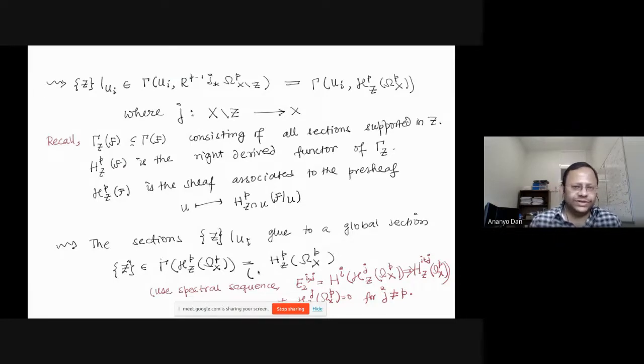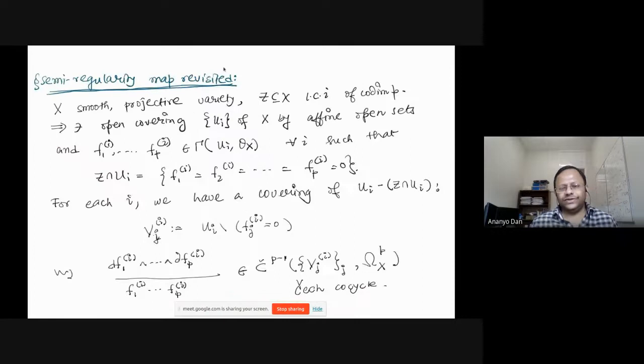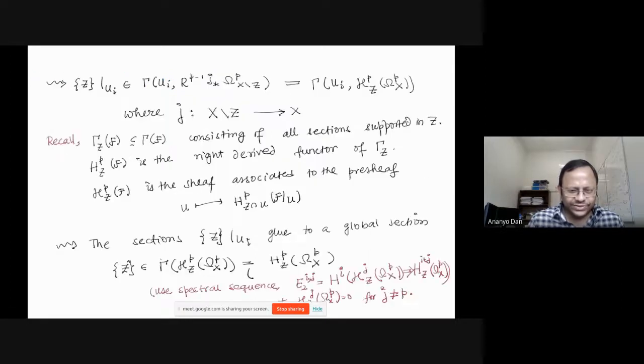If you want to interpret it in terms of this higher direct image, you can look at it in terms of the Čech cocycle, and the Čech cocycle is given really in this form, where the f_ij are the equations that are defining this Z in each of these open affine sets. It's a little bit technical, so do not worry about this.